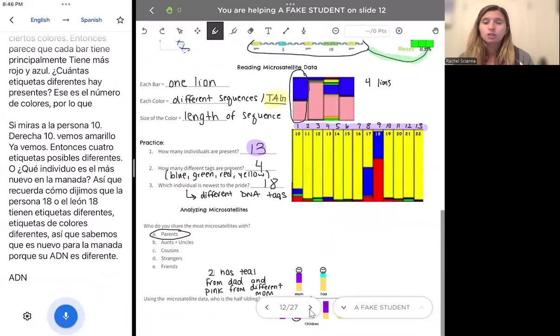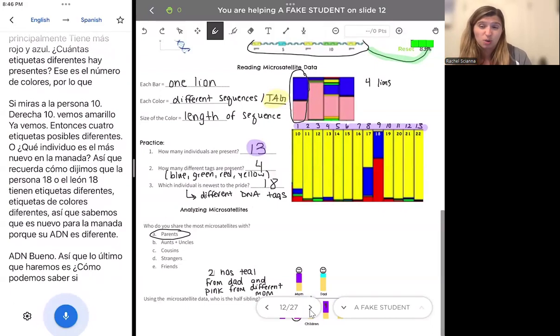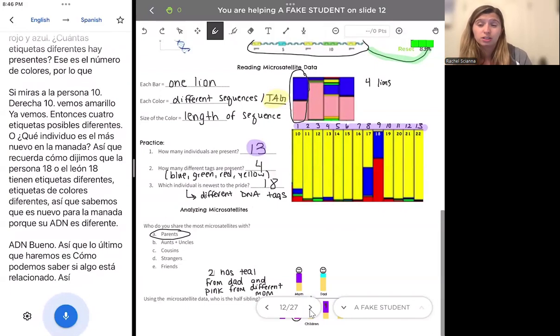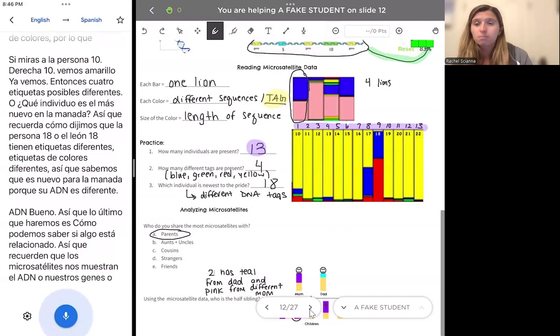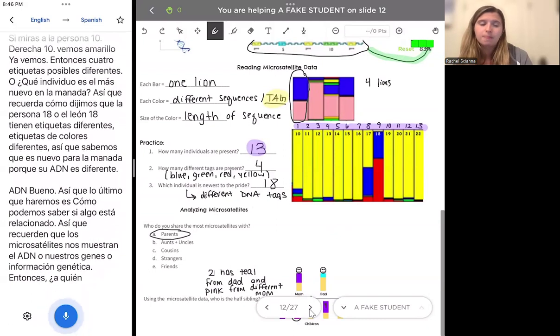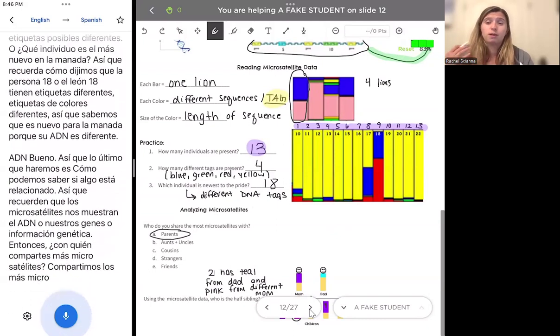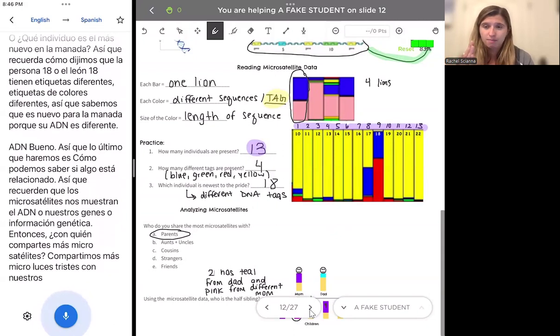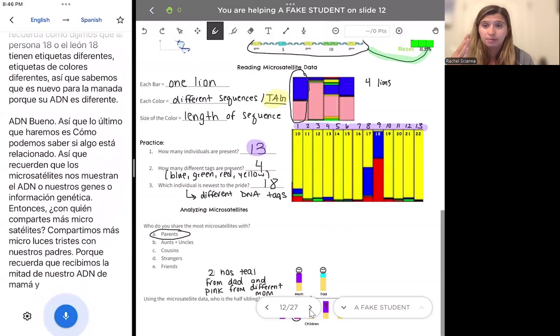Okay. So the last thing we'll do is relate this to how we can find out if something is related. Remember, microsatellites are showing us DNA or our genes or genetic information. So who do you share the most microsatellites with? We share the most microsatellites with our parents. Because remember, we get half of our DNA from mom and half of our DNA from our dad.